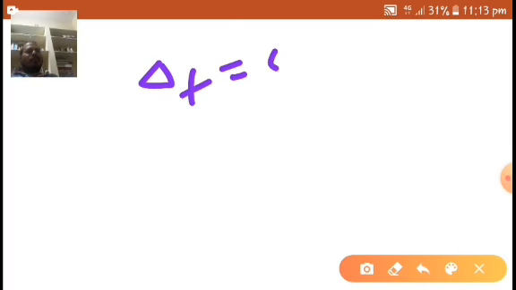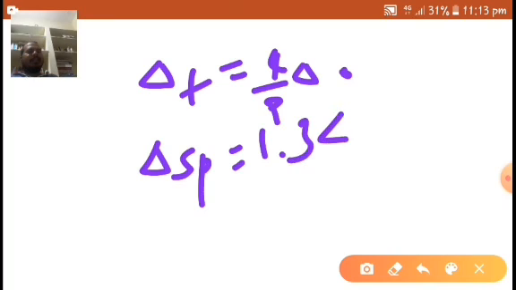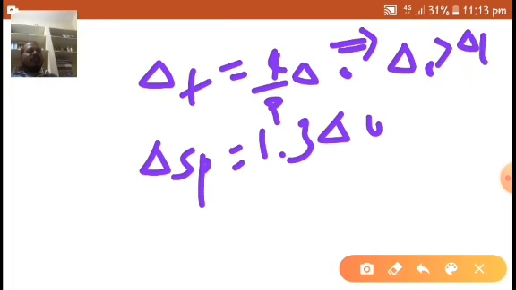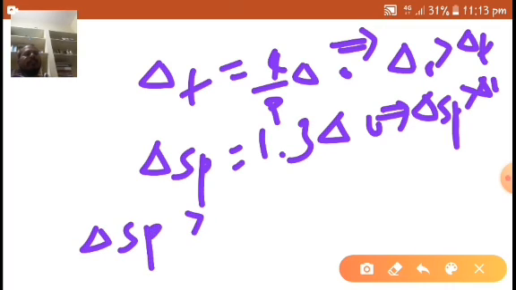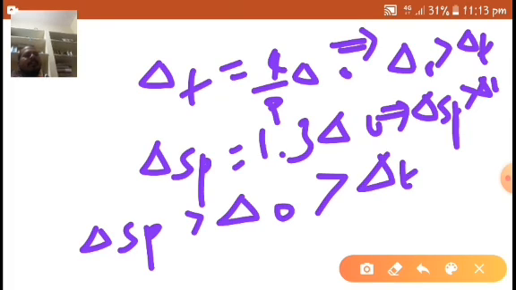So from these two statements, that is delta T is equal to 4 by 9 delta O and delta Sp is equal to 1.3 delta O, from the first equation we can conclude that delta O is greater than delta T. From here, delta Sp is greater than delta O. So from these two relationships, we can derive that the crystal field splitting energy of square planar complexes is higher than octahedral complexes, which is higher than tetrahedral complexes.